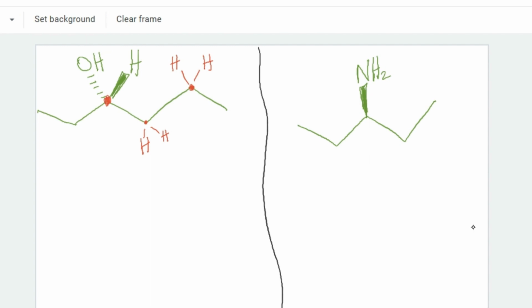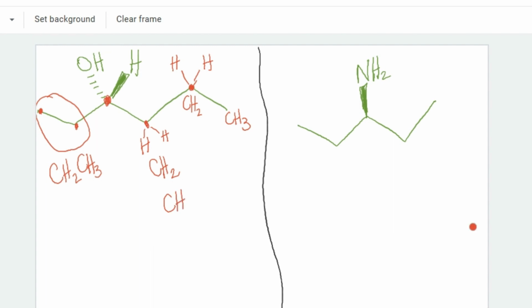But in this case, you have an ethyl group here, which is just CH2, right? This is a CH2 part, and then this is a CH3 part. So that's ethyl. And then in this case, you have a CH2 part here, and then, of course, another CH2 part, and then you have a CH3 part. So you have CH2, CH2, CH3.